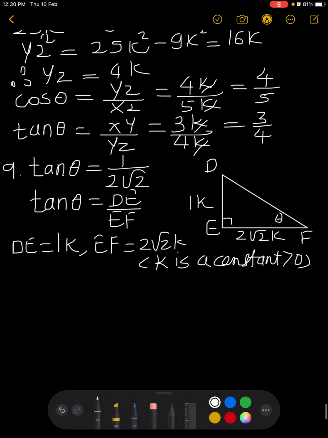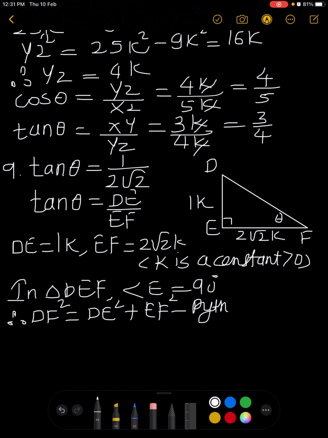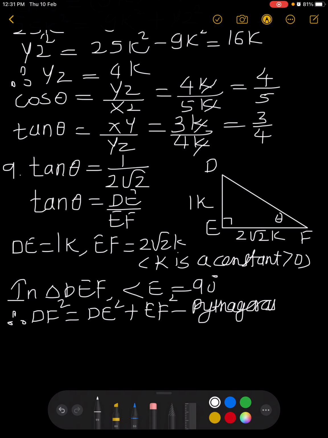In order to obtain DF, we write in triangle DEF, there is angle E of 90 degree measure. Hence, by Pythagoras theorem, the square of DF is equal to the square of DE plus the square of EF. This is called Pythagoras theorem.